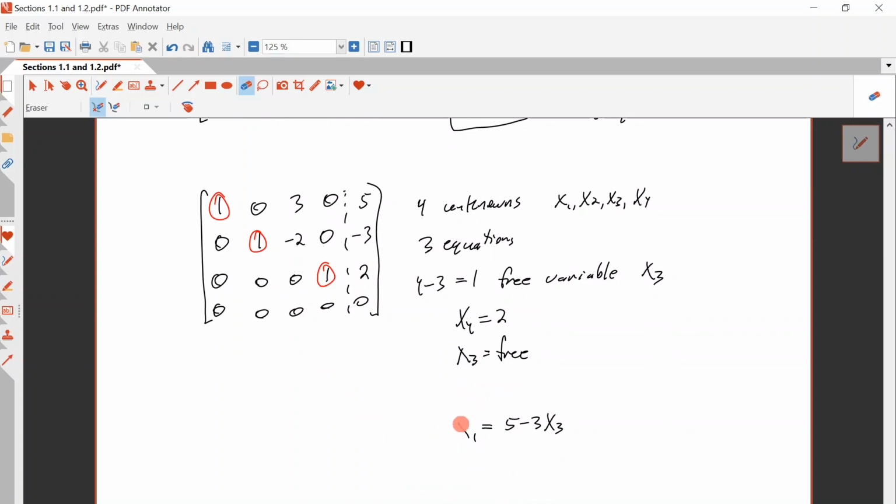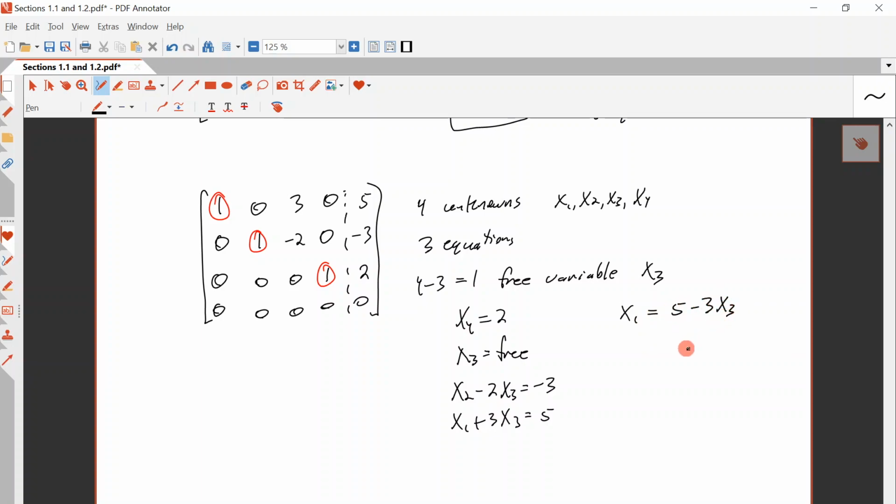Let's look at these again. The second row says x2 minus 2x3 is minus 3, and the first says x1 plus 3x3 is 5. So then we write down the solution. x1 is equal to 5 minus 3x3. x2 is equal to minus 3 plus 2x3. x3 is the freely chosen variable, and x4 is equal to 2.